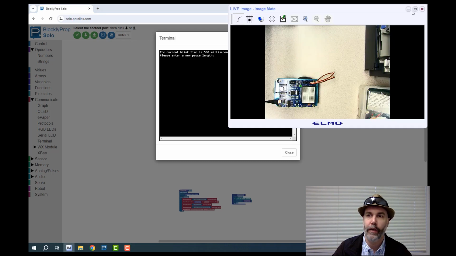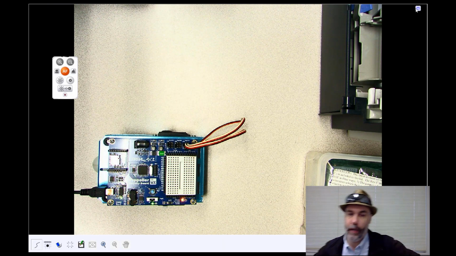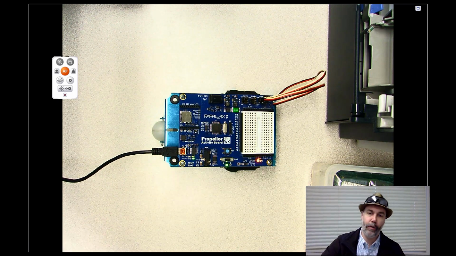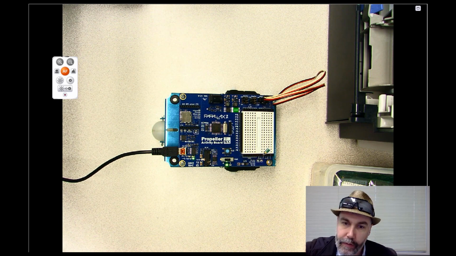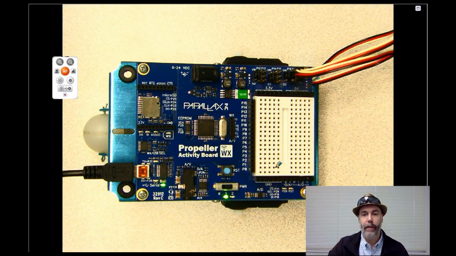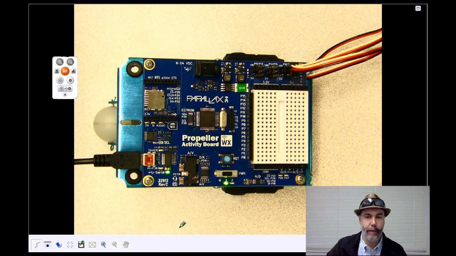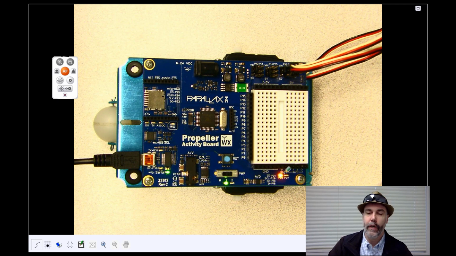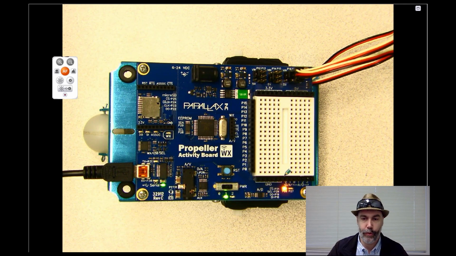So let's go over here to our main camera, and we're looking down at our robot, and we can see that the little light down there is blinking. Okay? And the program said the blink time was 500 milliseconds. And that looks like it's blinking on for about half a second and off for about half a second. So it sounds like the program is describing what's going on right there. Okay?